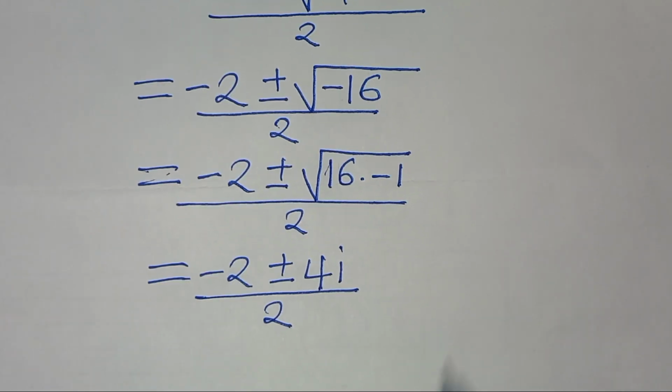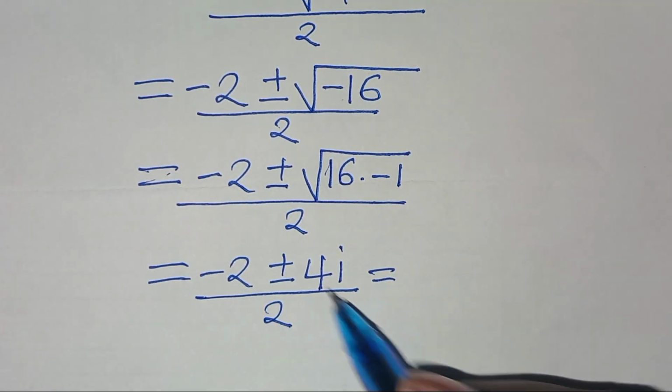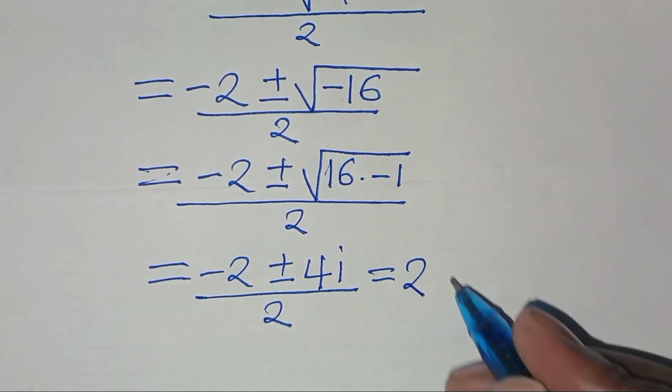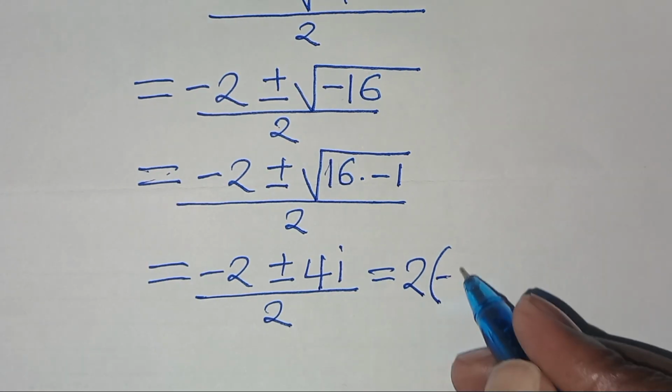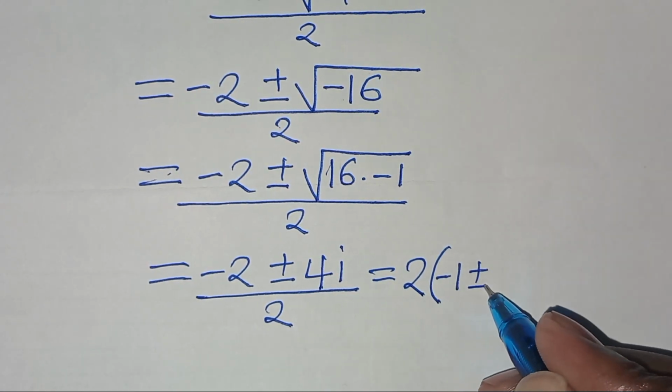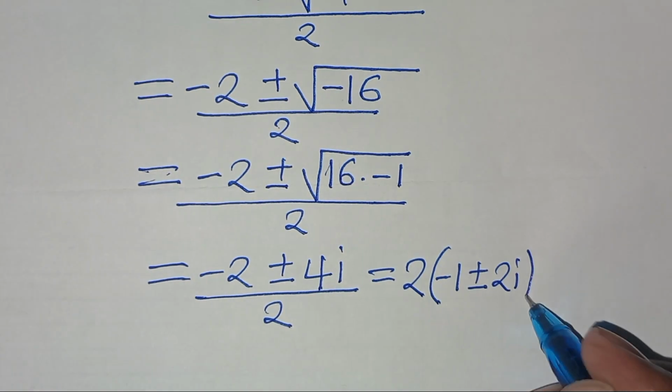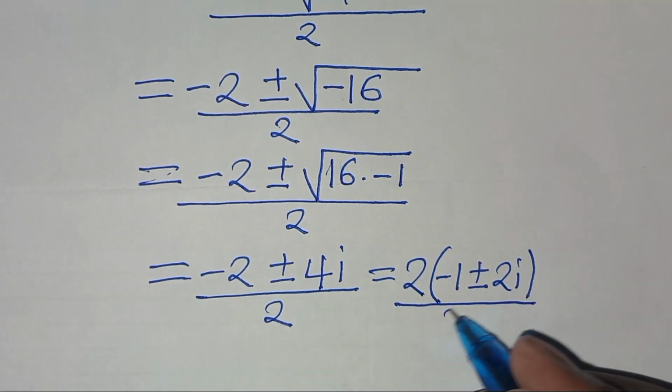Then 2 is common, so we factor out 2: 2 into the bracket, minus 1 plus or minus 2i, divided by 2.